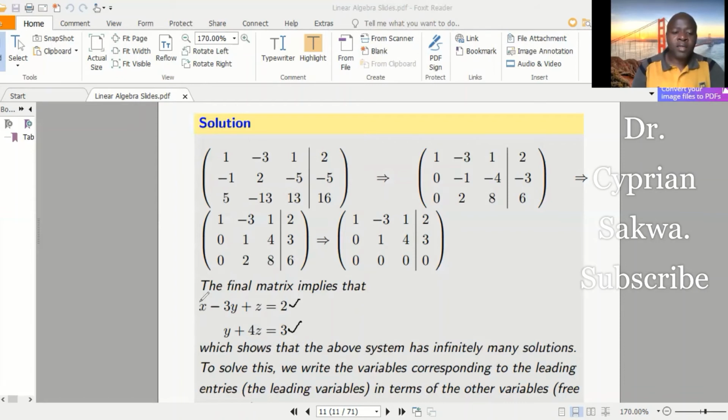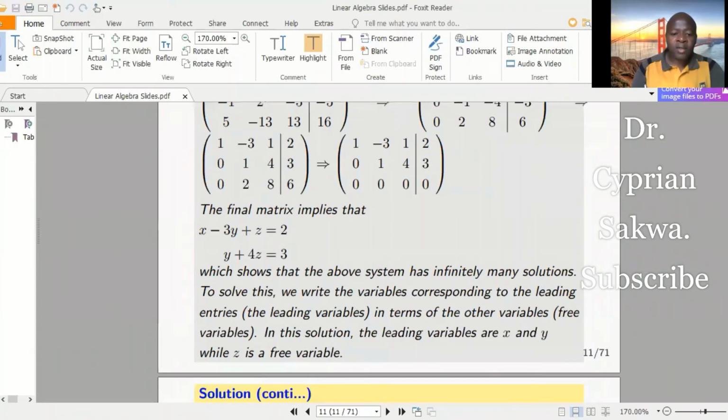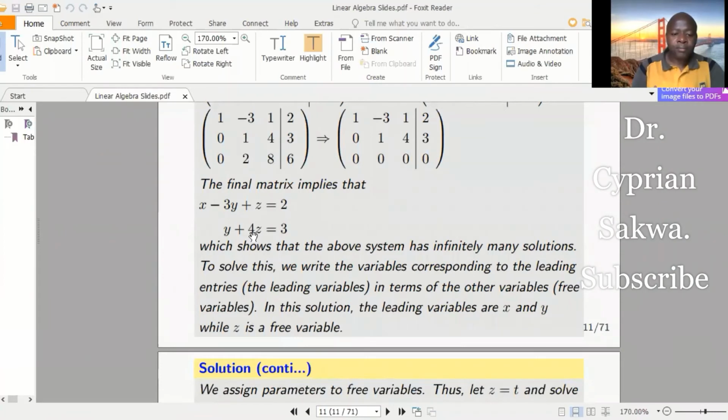You can see that the leading element here is x, and the leading element here is y, and that z is not a leading element. The element that is not leading, we call a free element or free variable. So in this case, z is a free variable. x and y are leading elements, z is not, and therefore z is a free variable.